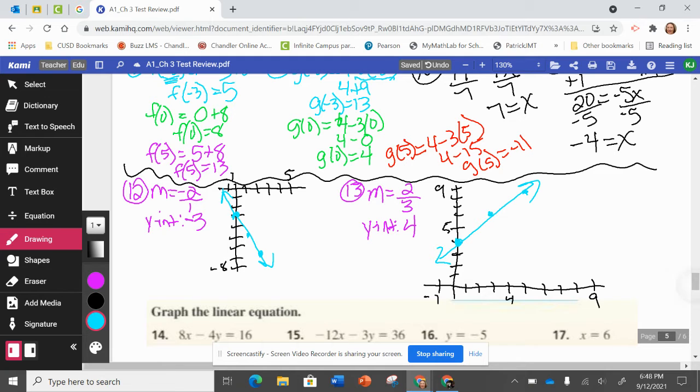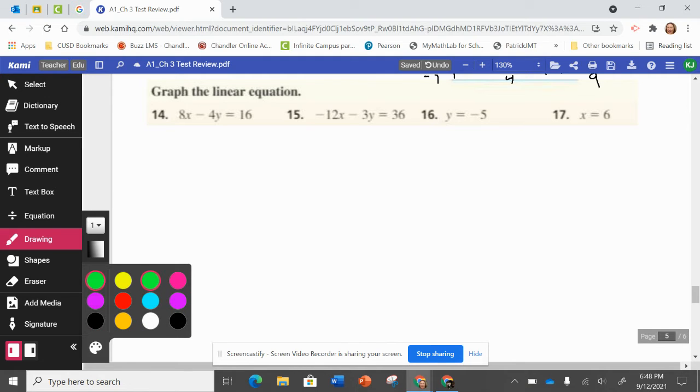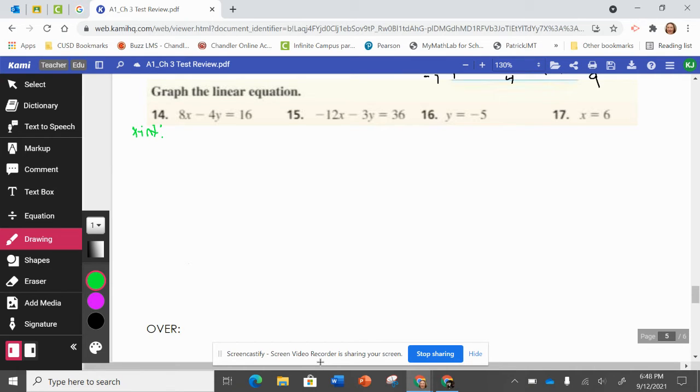More graphing. So talking about a couple of different ways, the last couple we did were both already in slope-intercept form. For 14 and 15, they are not in slope-intercept form. So I think for those, I'm going to find intercepts. I'm going to start with the x-intercept.